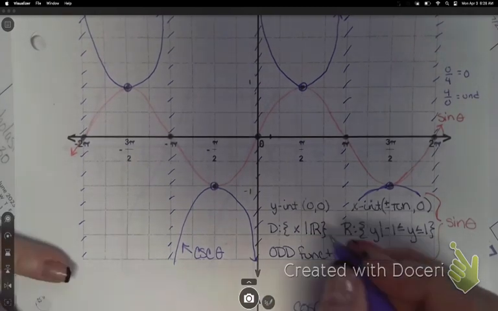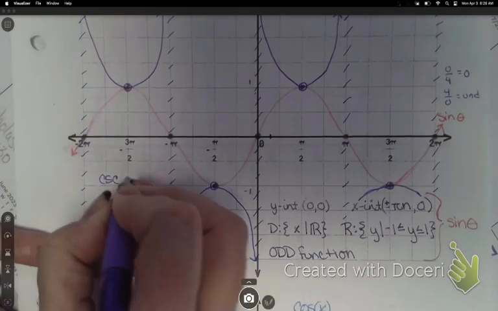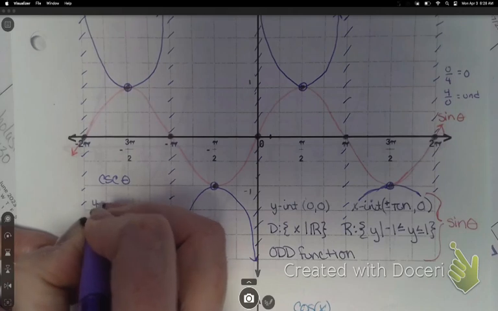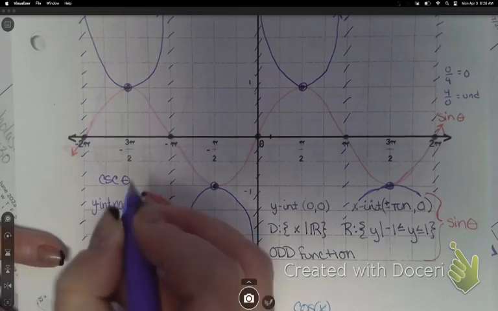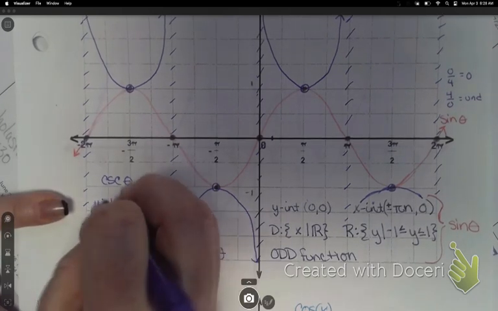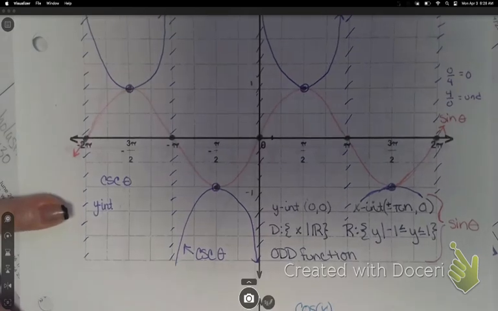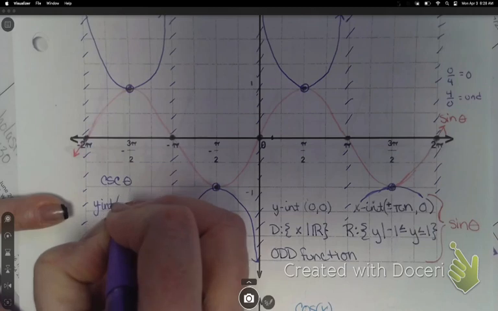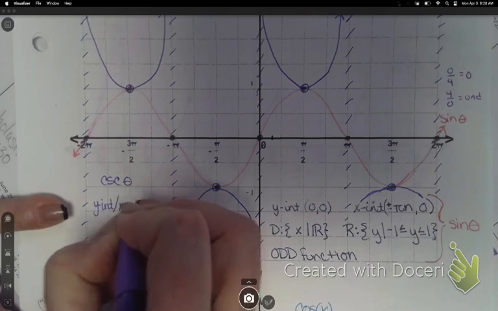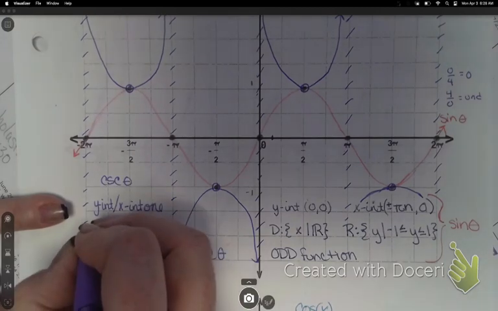Does it have a y-intercept? No. Does it have an x-intercept? Does it touch the x-axis ever? No. So the y and x-intercepts are none. What's its domain?